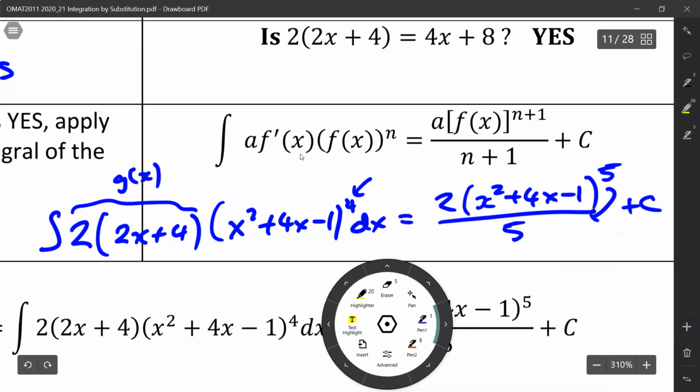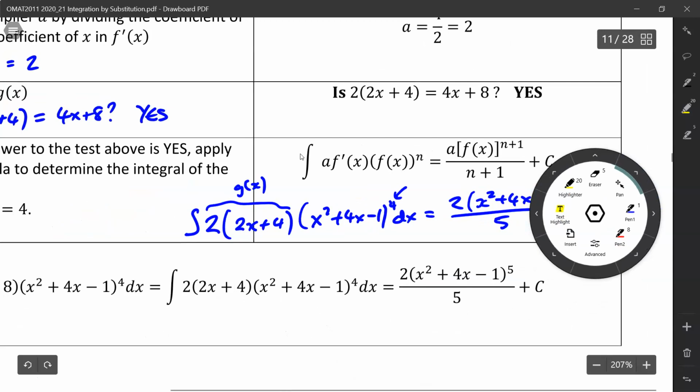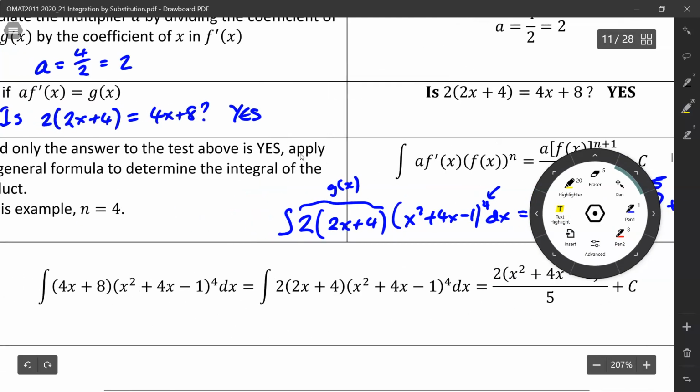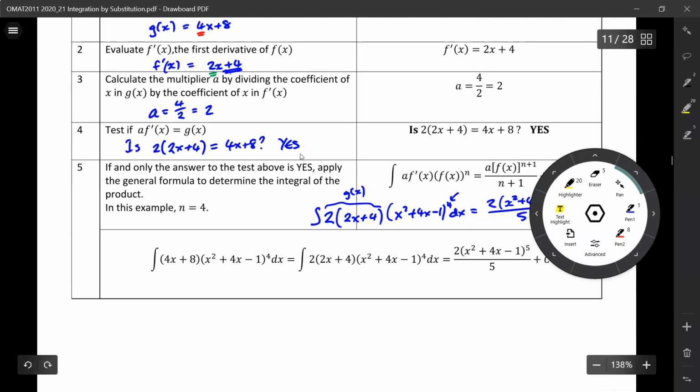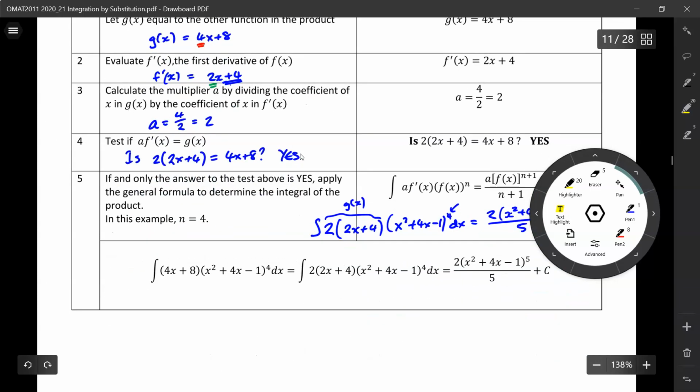And that gives us the integral of that function. If you look at the procedure you follow, you run through it and validate in this step that it is possible to use the rule, that it is okay to use the rule.